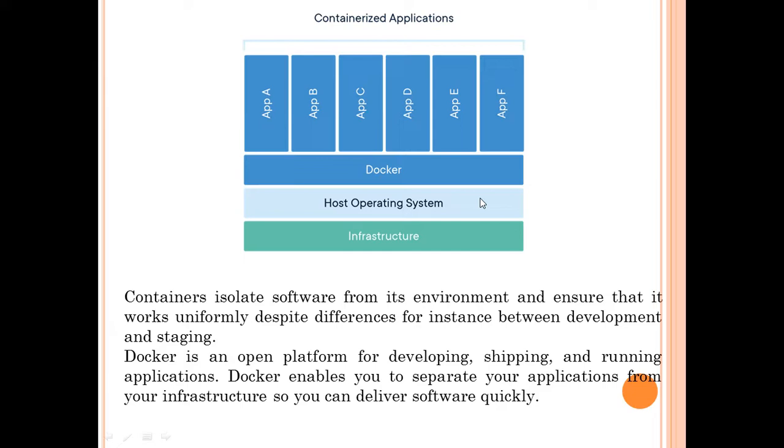Whereas if we are using containers, instead of having 6 different host or guest operating systems, we can work with a single host operating system, and it will be shared among all the different applications which we have.